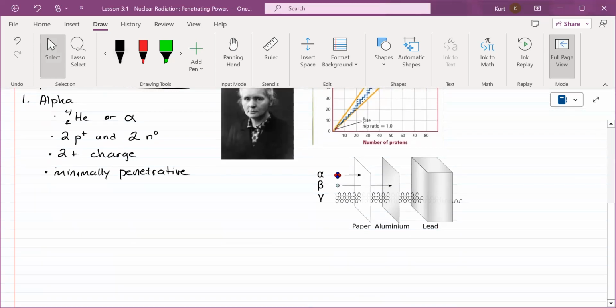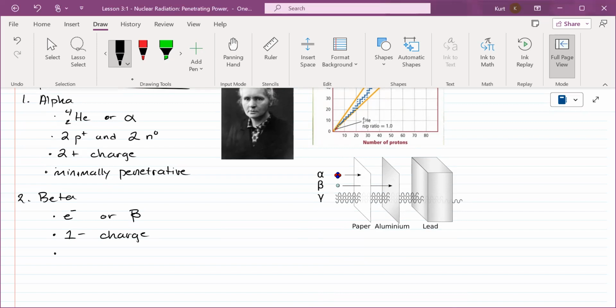What is the second type of radioactive particles? Beta. You can either use the electron symbol or use the Greek letter beta. They have a -1 charge.